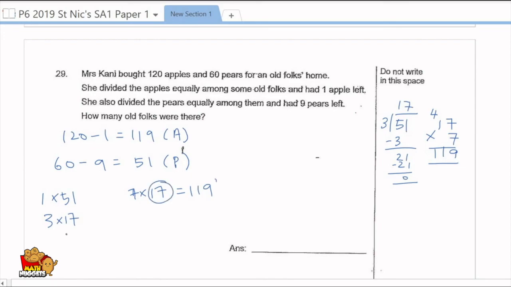So I would say that 17 is the number of old folks in the old folks home.